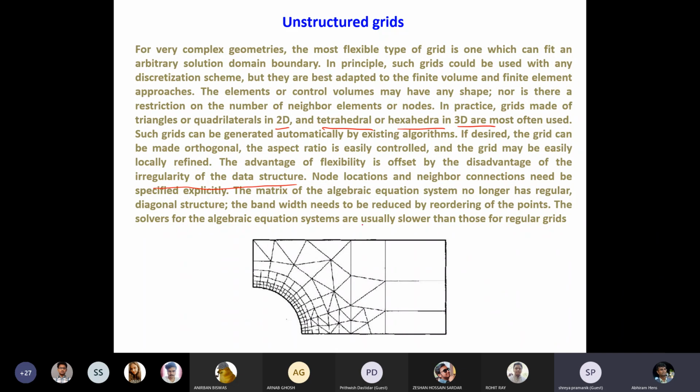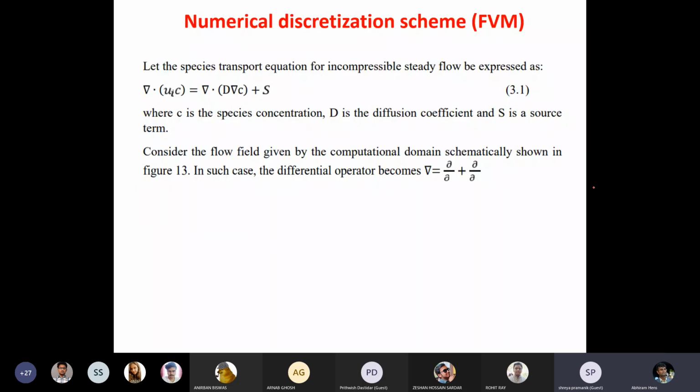The bandwidth needs to be reduced by reordering the points. The solver for the algebraic equation system is usually slower than those for regular grids. That is why you will see that finite element solvers run a little slowly compared to finite volume ones, because finite volume may work in structured grids also nicely. So this is a little bit of introduction to structured grid and unstructured grid. This concept you should just keep in mind.